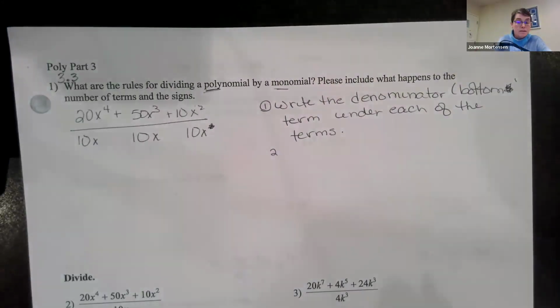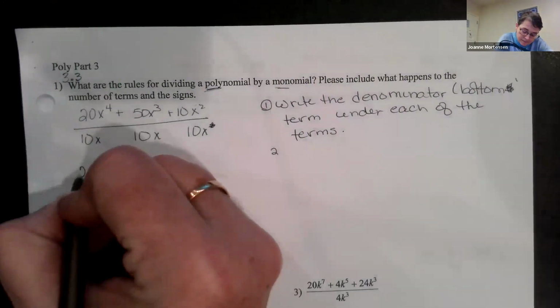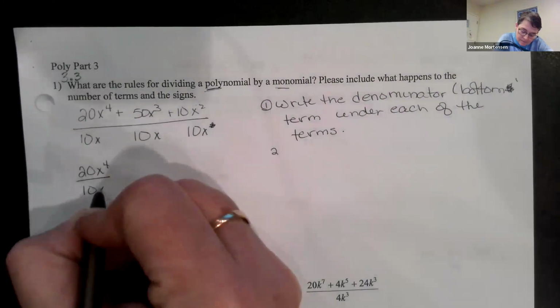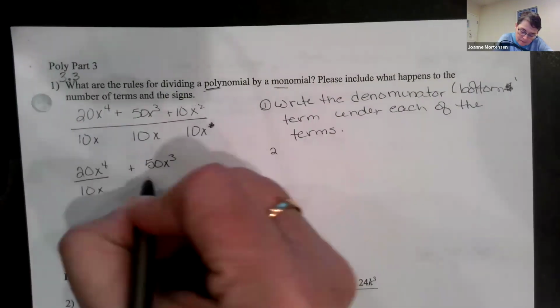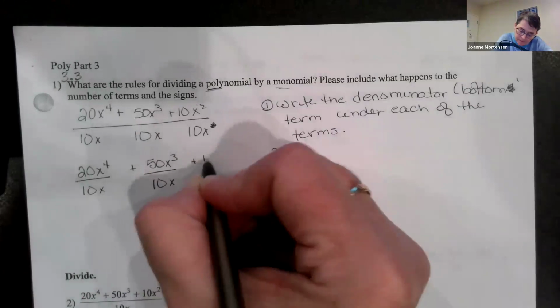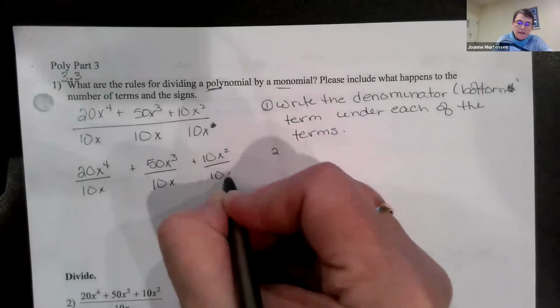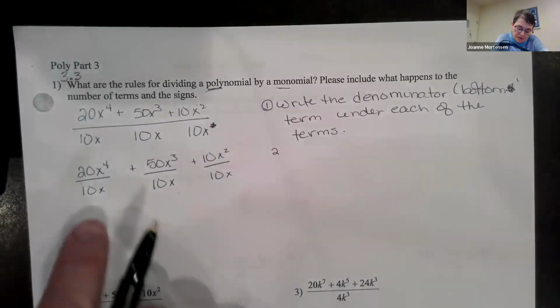Actually, I should have done it the right way, because this is confusing me. So what you get is 3 individual division questions. So we do the division.